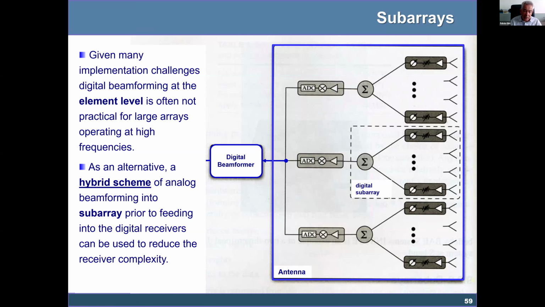It is called hybrid in the sense that part of the beamforming is done in an analog manner at each subarray level, and then part of the beamforming is done digitally by combining digitally the data that come from different subarrays.